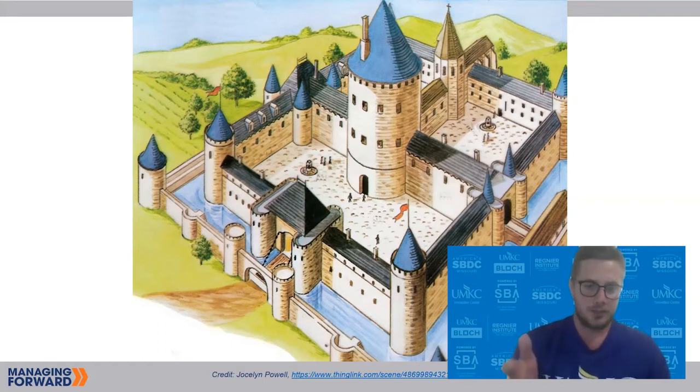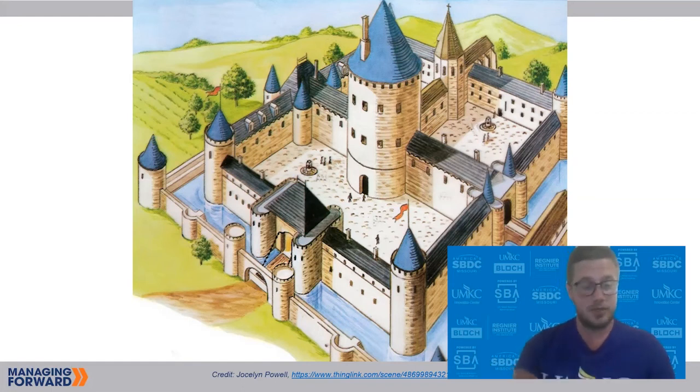In this graphic, you have the outer wall, and if an army comes to besiege the castle, the first thing they have to do is get through that outer wall. If they do, they come across the moat. In this graphic the drawbridge is down, but if the castle is defending, it would be up. So they'd have to figure out a way to get across the moat.